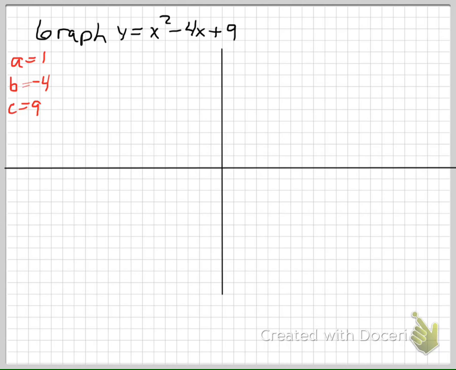If you cannot look at a quadratic equation and tell me what A, B, and C are, you will not be successful in this chapter. You will get like a 9 on the test out of 100. A is the coefficient of x squared, B is the coefficient of x to the first, and C is the constant.